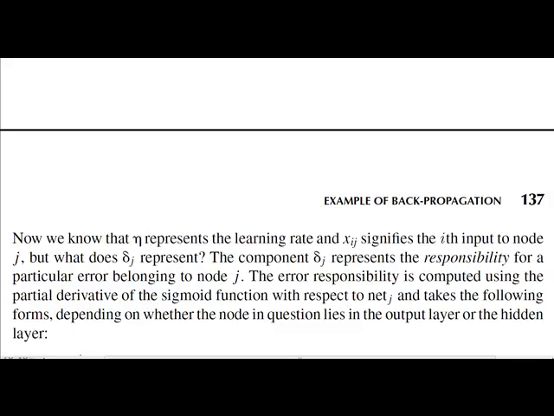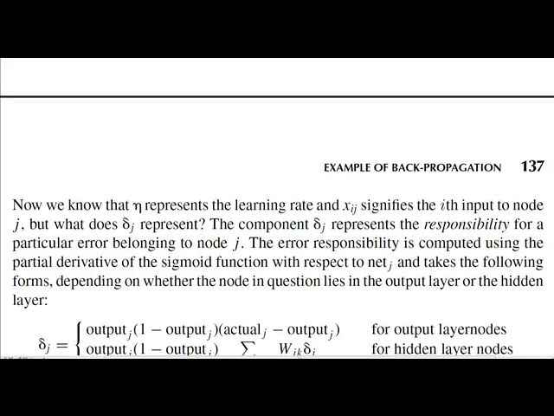Now, personally, it seems to me like it should be computed using what we were just talking about, which is the gradient descent method or the partial derivatives, but not of the sigmoid function and not with respect to net j. So I don't know about that, but maybe that is explained in that reference. It takes the following forms, depending on whether the node in question lies in the output layer or the hidden layer.